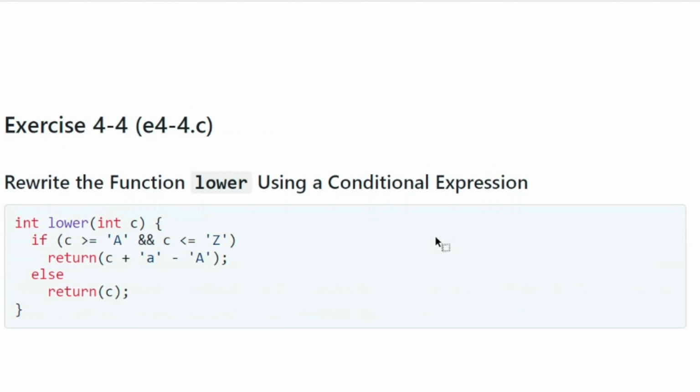Okay, so let's try out this one. We want to rewrite this lower function. We have written this one before. Now we want to rewrite it into the more condensed form as we just showed you earlier, right? So you have a condition and a question mark, then the first expression, and a second expression and the third expression afterwards, right?